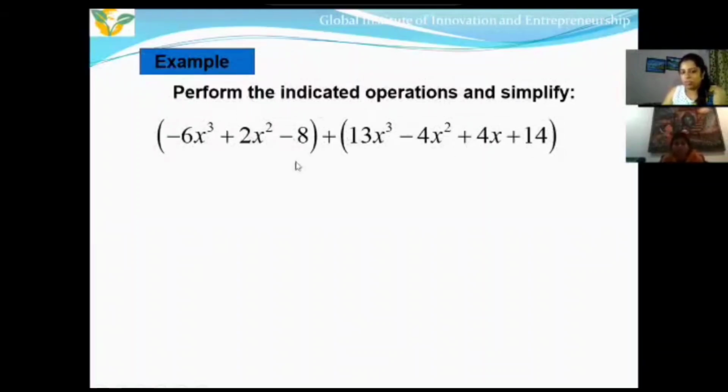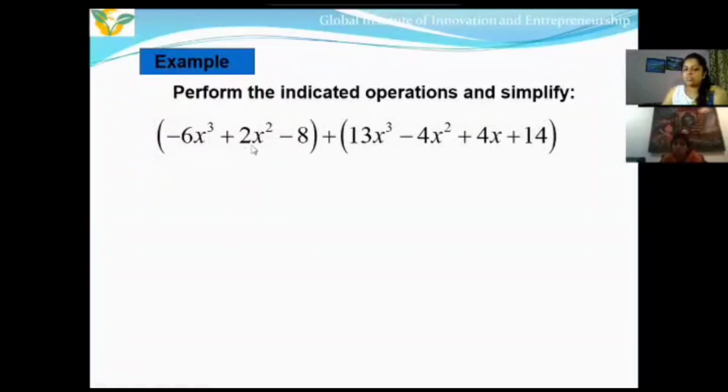Before performing this simplification, I have already told you about like terms. Keeping that in mind, we have to perform the operations. So minus 6x cube plus 13x cube. What are these? Like terms. So minus 6 plus 13 will give us 7x cube. Then plus 2x square minus 4x square. These both are what? Like terms.